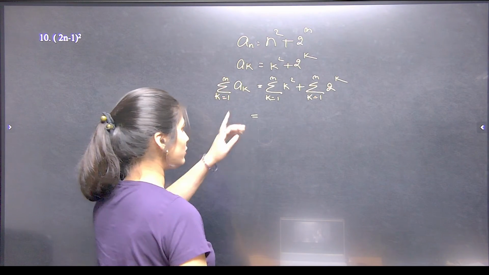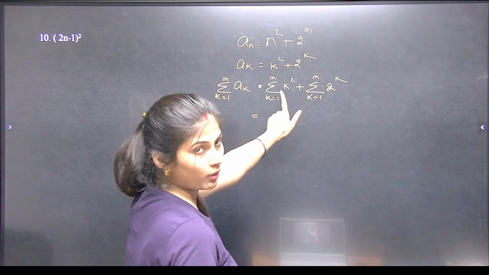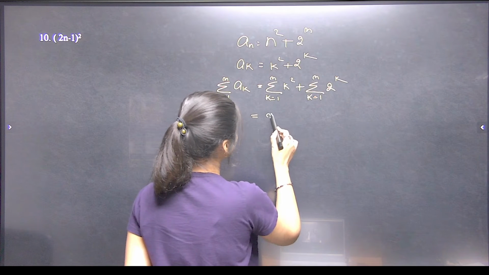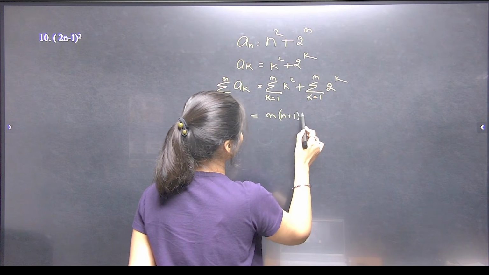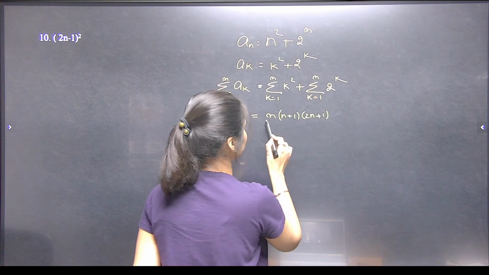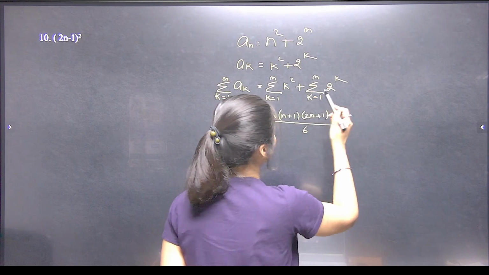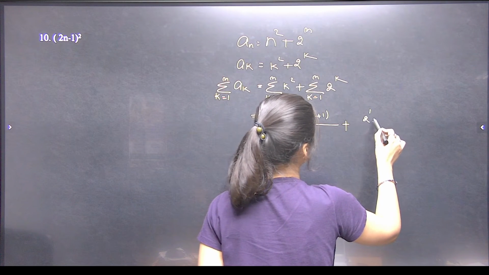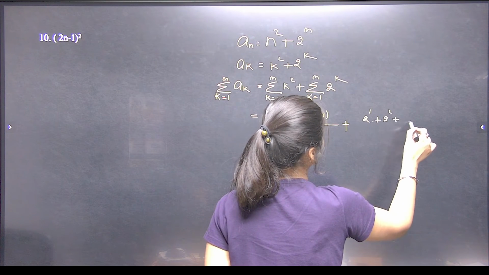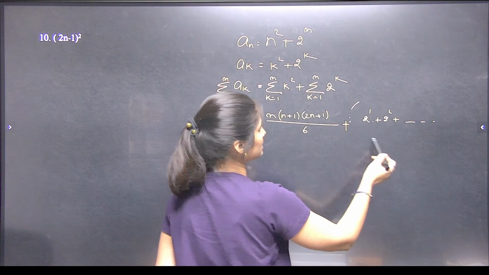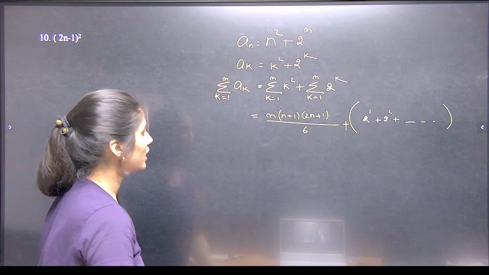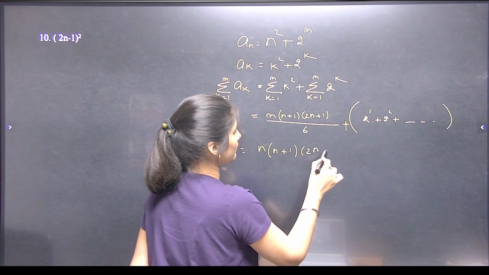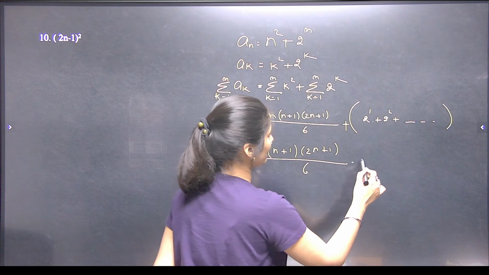Now the first one is the sum of squares of natural numbers. So what should it be? It should be n(n plus 1)(2n plus 1) by 6. And here if I put the value of k, then it will be like 2 to the power 1 plus 2 to the power 2, like this. So this is nothing but a GP. The sum of n terms of a GP is given by a(r^n minus 1) by (r minus 1).